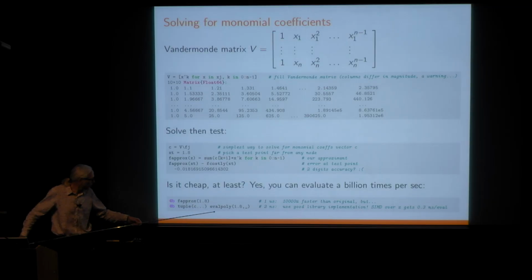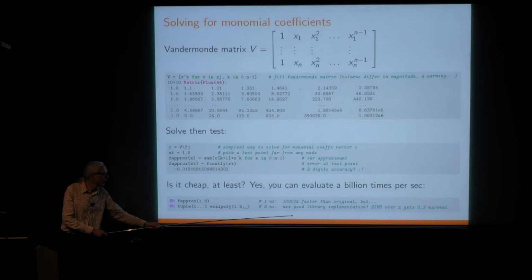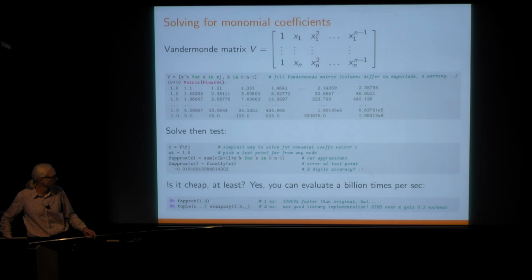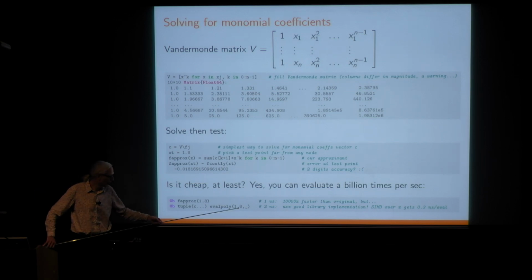So in Julia you can pretty easily get to much better performance, mainly by using a good library implementation of summing the coefficients of a polynomial like that, or evaluating a polynomial. That's called evalpoly.